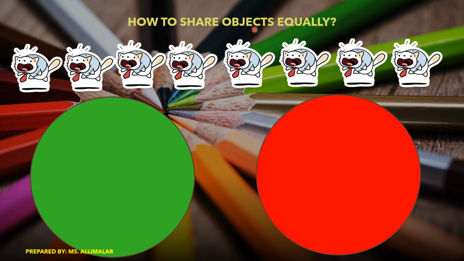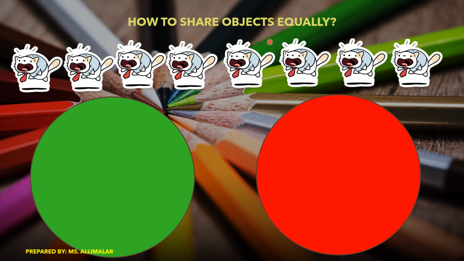But your mom gives you just one piece of cake, and your sister gets 3 pieces. Will you be happy? No, of course. We feel like, how come I get only one and she gets three? It's not fair. So what will we do? We will fight. We don't want to have any fight here. So that is why we are going to learn how to share objects equally.